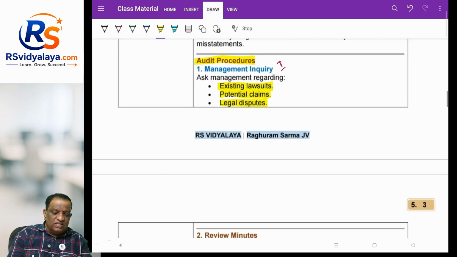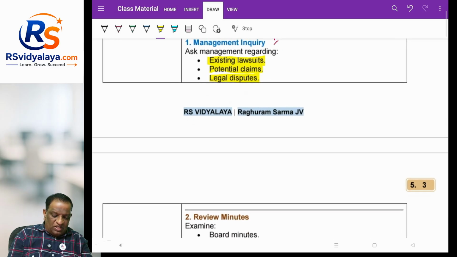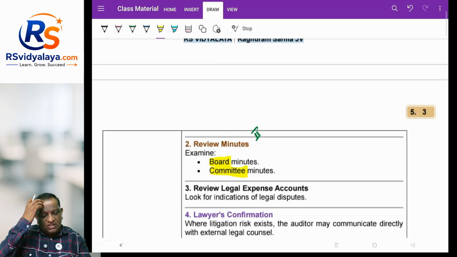So point one is to discuss with the management, but they may or may not share everything. That is why, as a second step, you review the minutes of board meetings and the minutes of committees, such as audit committees or other relevant committees.